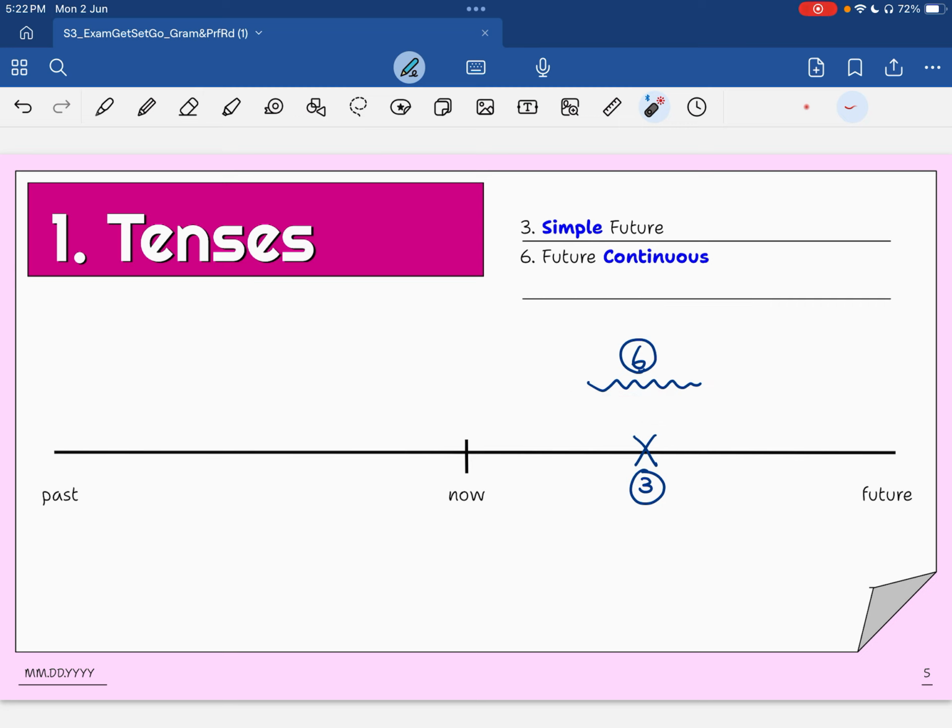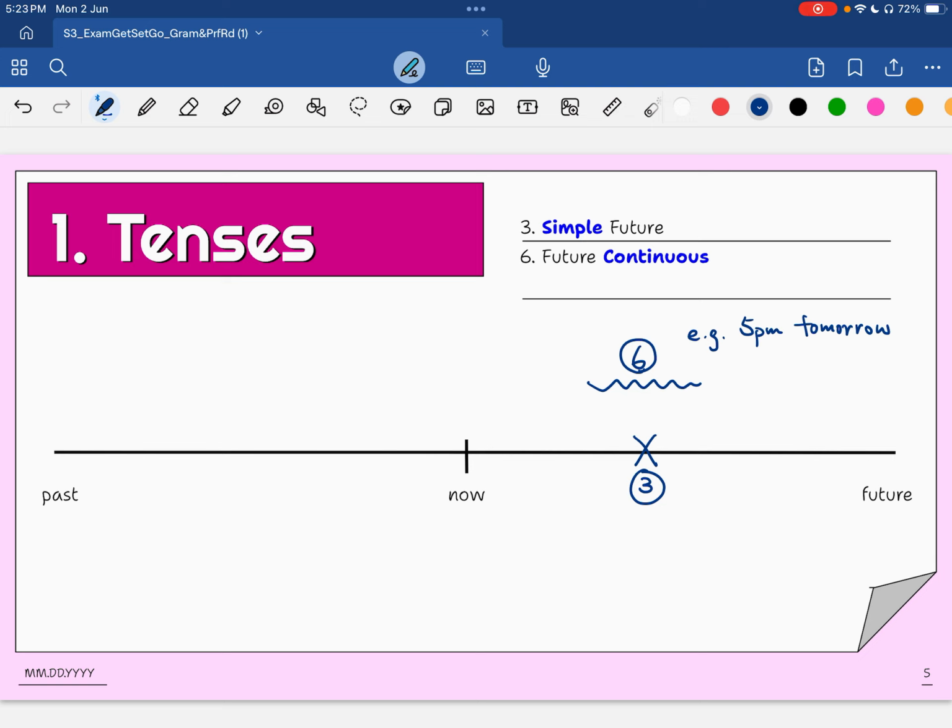So it depends if you want to tell people what you will be doing at an exact time in the future. For example, if you talk about 5 p.m. tomorrow, then I would definitely use future continuous, like I will be having a meeting at 5 p.m. tomorrow.